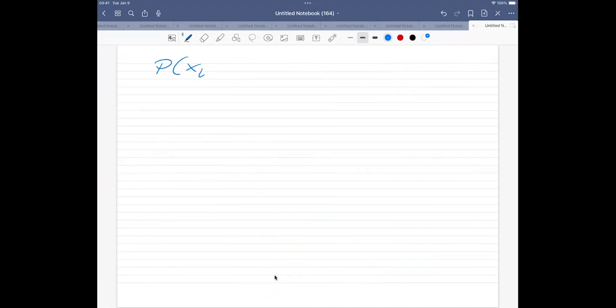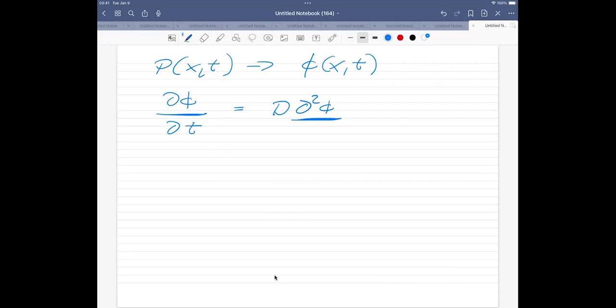In one dimension, I'm going to let this be given by a function which I call phi of x and t. So this is a probability distribution. Now my diffusion equation without any external force is given in one dimension by this function here: the second derivative with respect to the spatial degrees of freedom and the first derivative with respect to time.